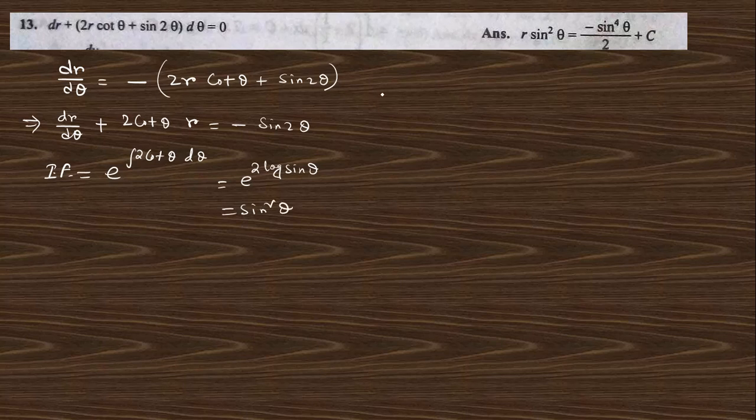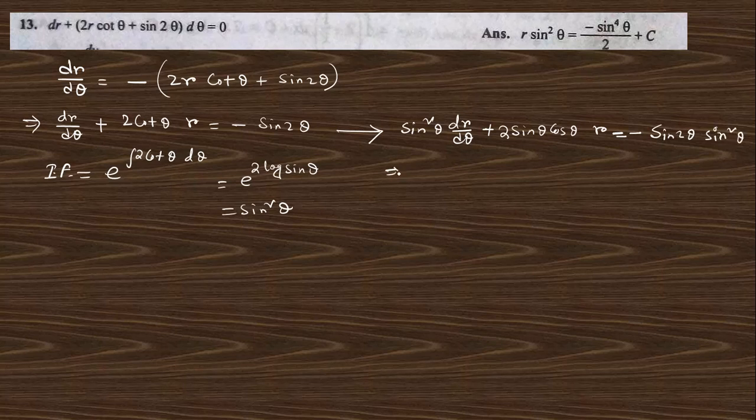So multiply this equation with sine square theta, and you will get sine square theta dr/d theta plus 2 sine square theta cos theta by sine theta, so this is 2 sine theta cos theta into r, equals minus sine 2 theta times sine square theta.